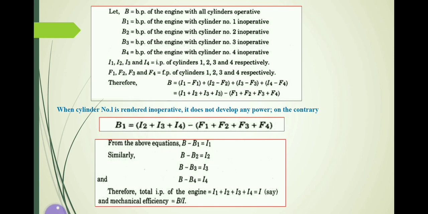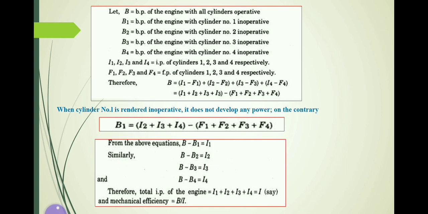Now in the same manner, we subtract B1 from the total brake power. B minus B1 equals I1, because all other terms get cancelled and only I1 remains.